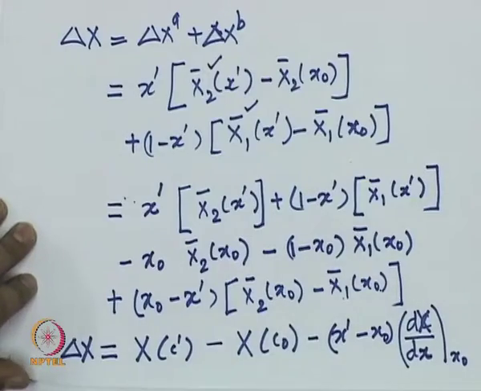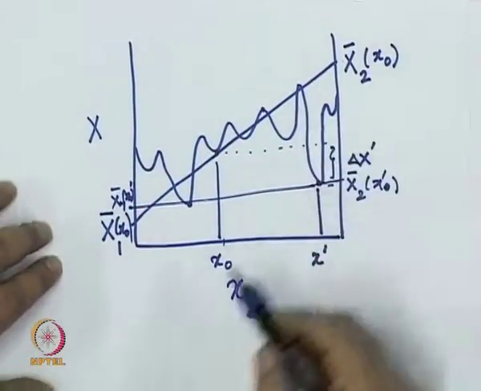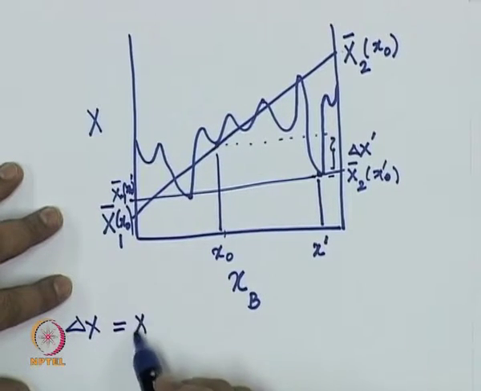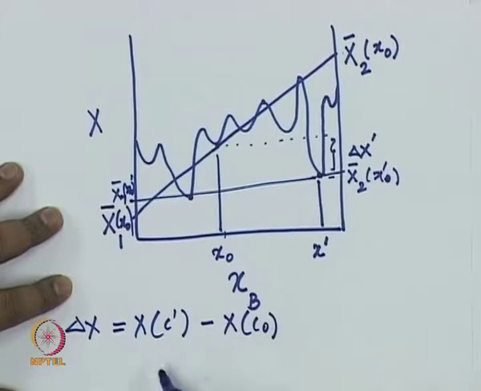Okay. Now, what does this correspond to? As you can see from this figure, the quantity that we have derived, that delta x that we have derived, let me write that expression, delta x equal to x of c prime minus x of c naught. Okay.